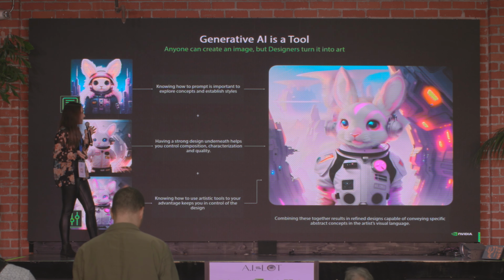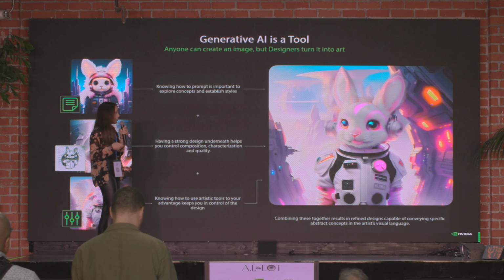And all of these combined together allow you to create refined designs that are capable of conveying specific abstract concepts in your art style. So in this case, this bunny, maybe it doesn't look like it to you guys, but this bunny is more my art style than this bunny. I'm very happy with it. And so all of that stuff can be broken down into a pipeline of generative AI tools.